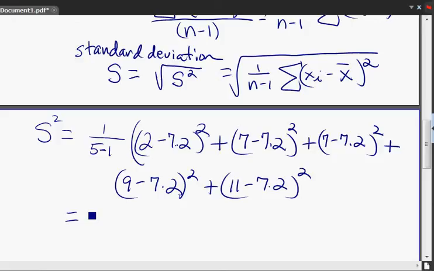Need to put another parentheses there. So this is 1 over 4 times, 2 minus 7.2 squared is exactly 27.04. 0.2 squared is 0.04.